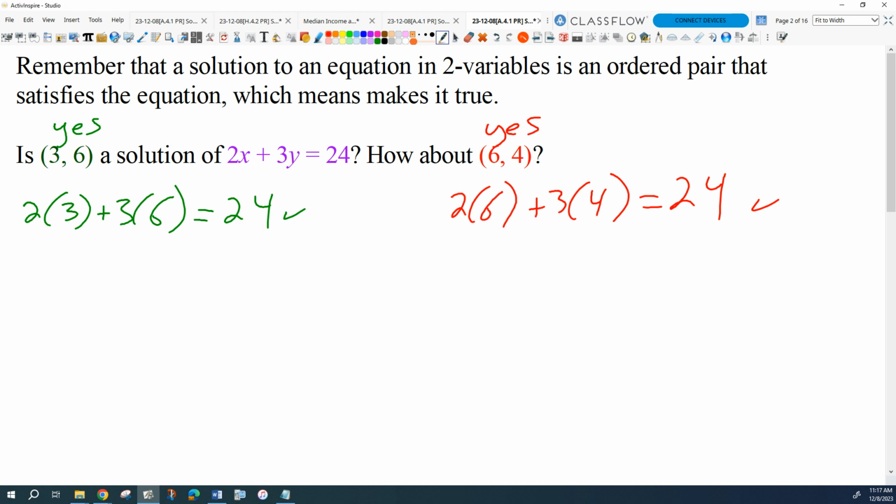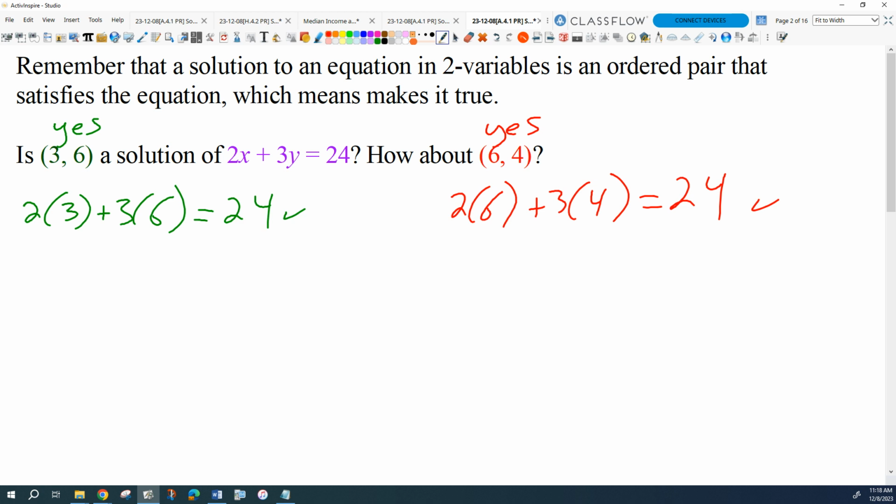If I graph the line, what does the graph of an ordered pair look like in the xy plane? Like if I graph the ordered pair 3, 6, what am I graphing? A point, exactly. Okay, an ordered pair is a point. So because the green ordered pair and the red ordered pair were solutions of the purple equation, where would those points show up relative to the purple line if I graph the purple line? They have to be on the line, right?